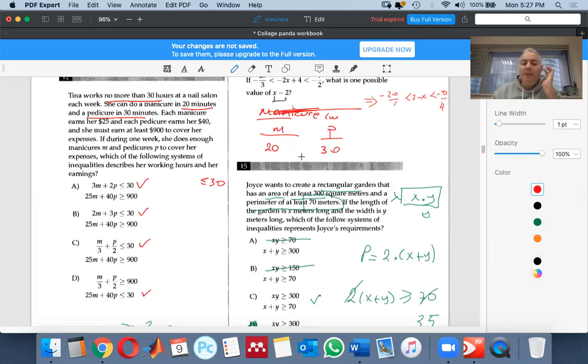First of all, this is in minutes, right? But here, if 30 is hours, everything must be in terms of hours. So I have to convert this. How can I convert 20 minutes in terms of hours? Isn't it 20 over 60 and 30 over 60? This is not hours. Correct or not? Understand? So 20 over 60 is 1 over 3 hour for manicure, and pedicure is 1 over 2.